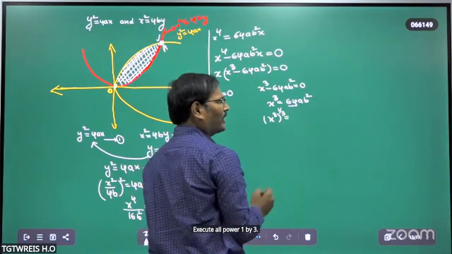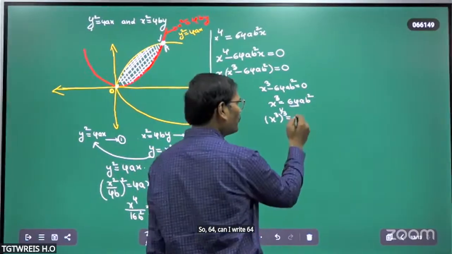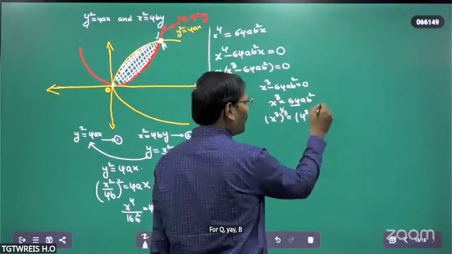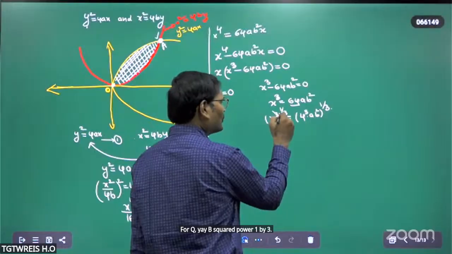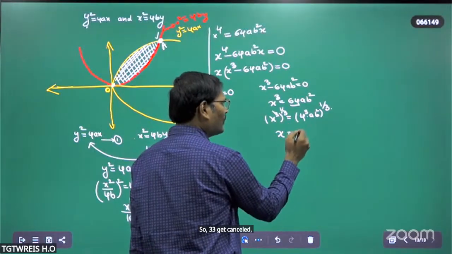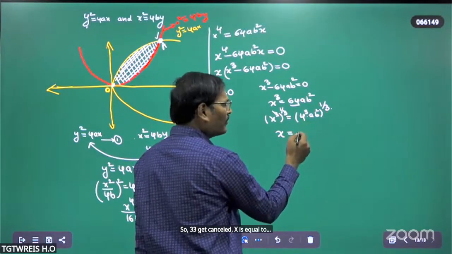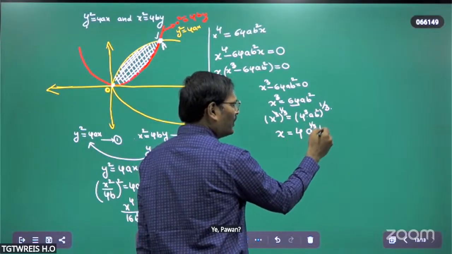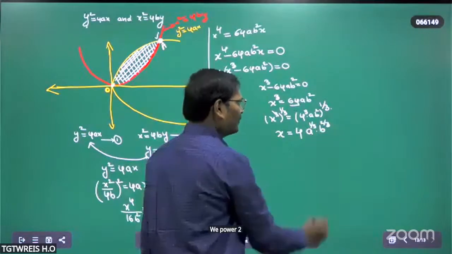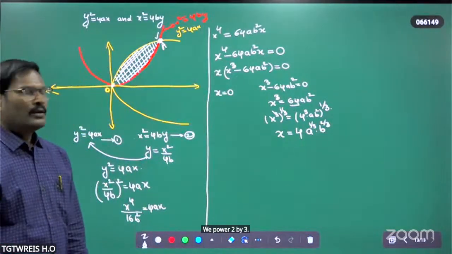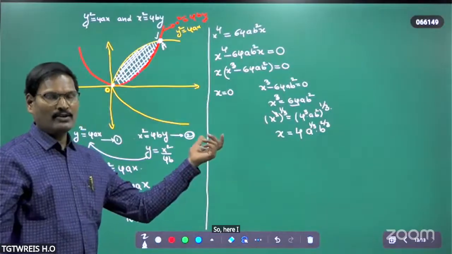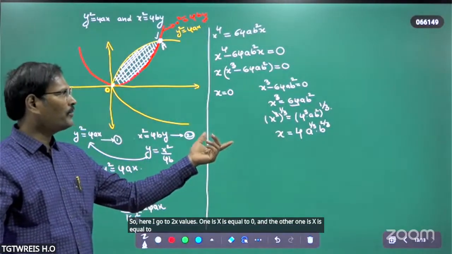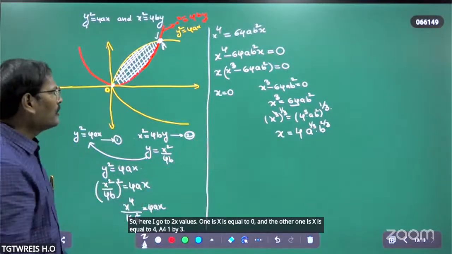So 64, can I write 64 as 4 cube? (4 cube ab square) power 1 by 3. So the 3s get cancelled. x is equal to 4 a power 1 by 3 b power 2 by 3. So here I got two x values. One is x is equal to 0 and the other one is x is equal to 4 a power 1 by 3 b power 2 by 3.